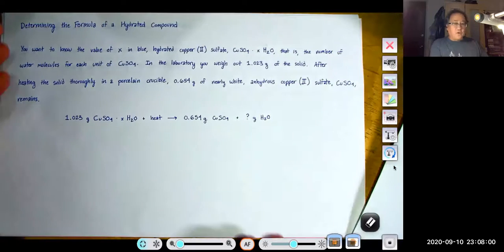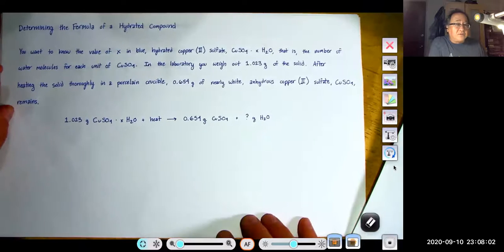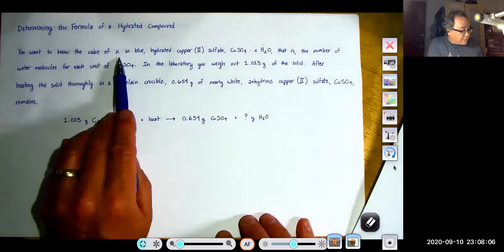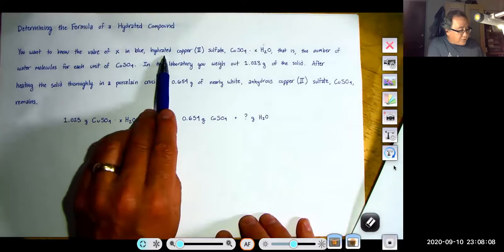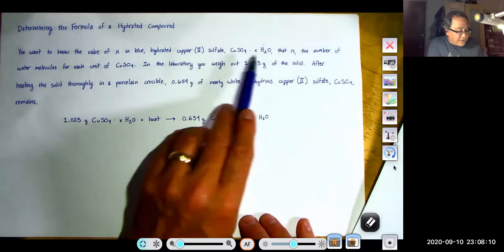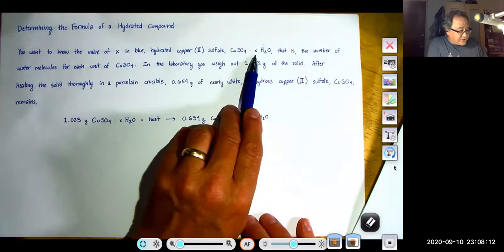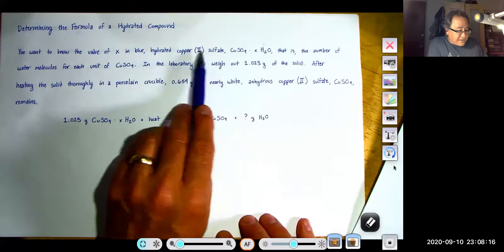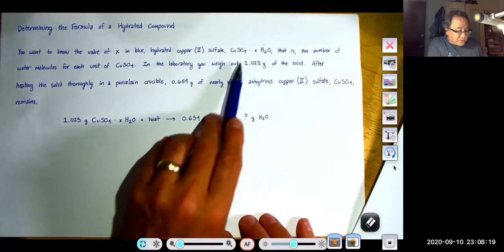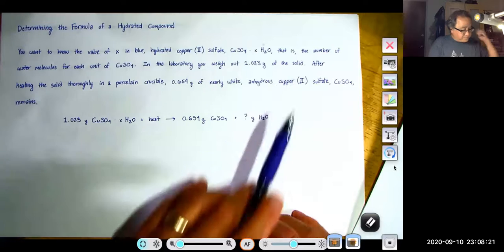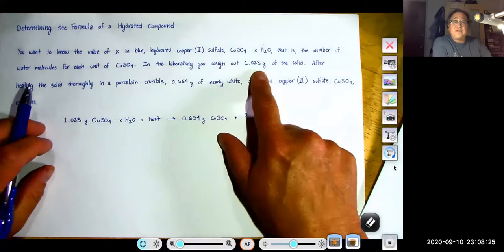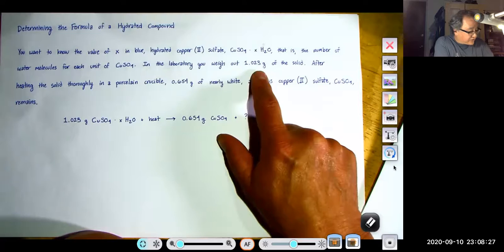So, determine the formula of a hydrated compound or a hydrate. You want to know the value of X in blue hydrated copper 2 sulfate. So there it is. So is this copper 2 sulfate monohydrate, copper 2 sulfate dihydrate, copper 2 sulfate trihydrate? What is it? So here you weigh out 1.023 grams of the solid.